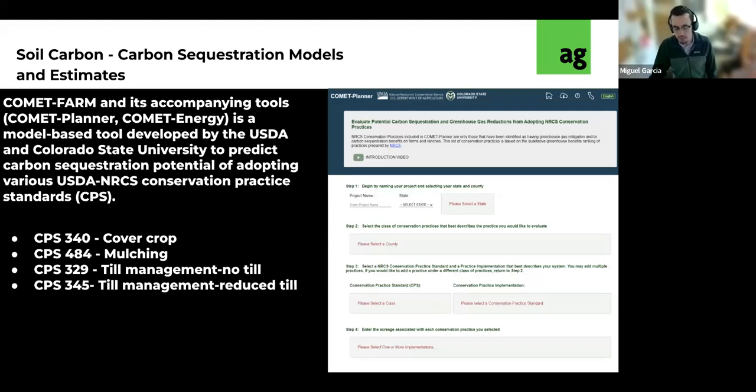In the case of no-till, the reason we promote no-till or reduction in till as a carbon sequestration strategy is because when the soil is left alone, everything is in equilibrium. So within the soil, you have areas with oxygen, areas with no oxygen, but everything is in equilibrium. The moment we disturb the soil, we expose more surface area of the soil, and by default, we're exposing more of that organic matter to the oxygen.